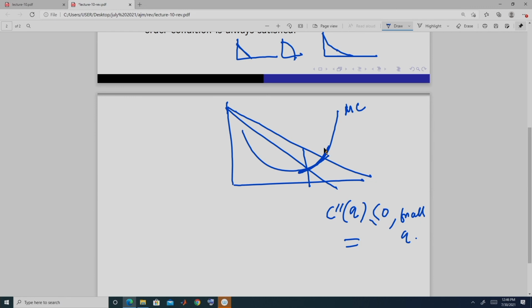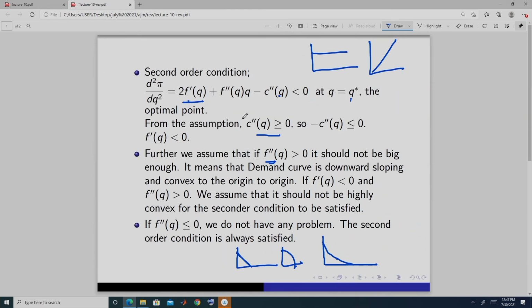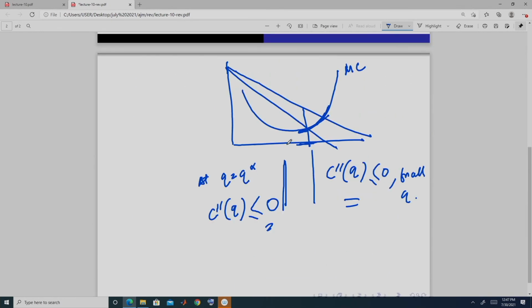So, when it is satisfied at q equal to q star, this is a local assumption, that is, within this range. This ensures again that the second order condition is satisfied. So, when we have a U-shaped marginal cost, the second order condition is also satisfied.